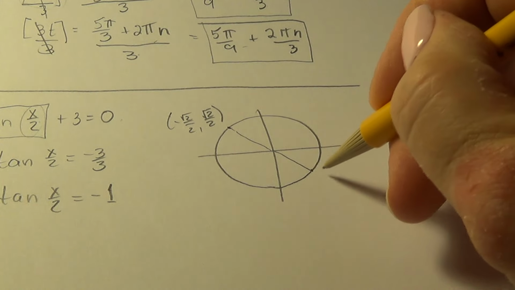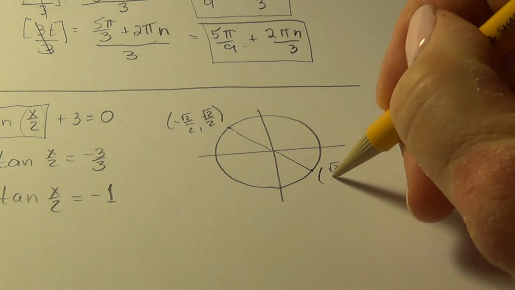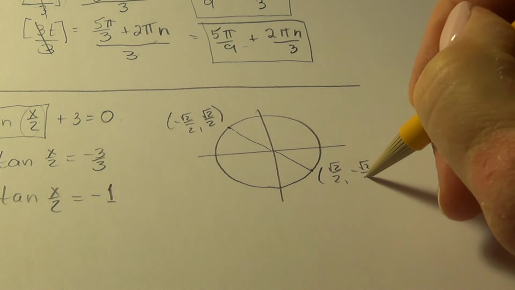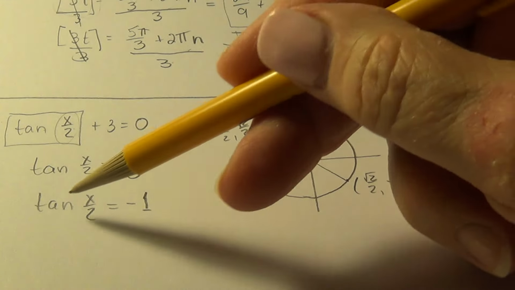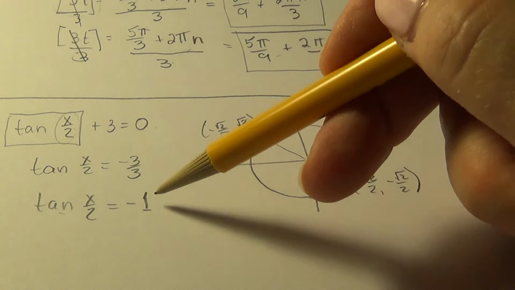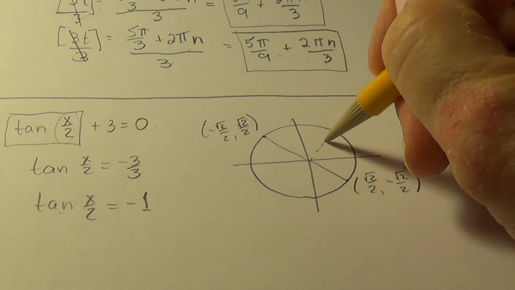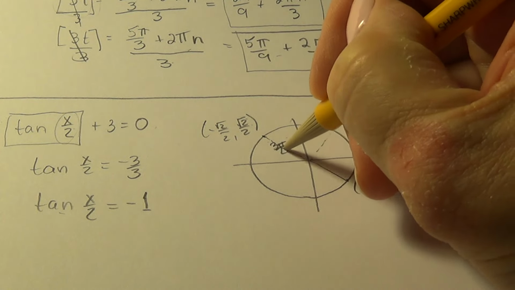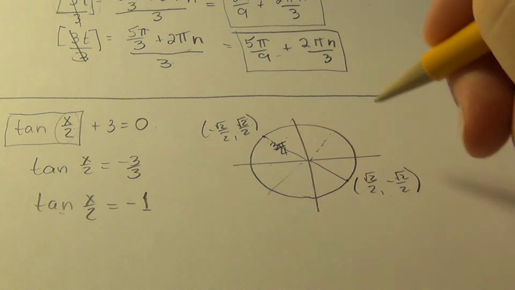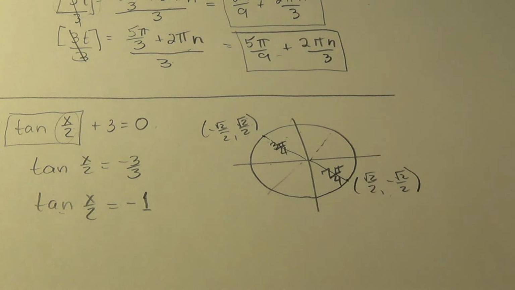Here, I get square root of 2 over 2 and minus square root of 2 over 2. So those, when you divide the second by the first, as tangent requires, you do get a negative 1 at these two spots. So where am I? 1/4, 2/4, 3 pi over 4, 4/4, 5/4, 6/4, 7 pi over 4 at those two spots.